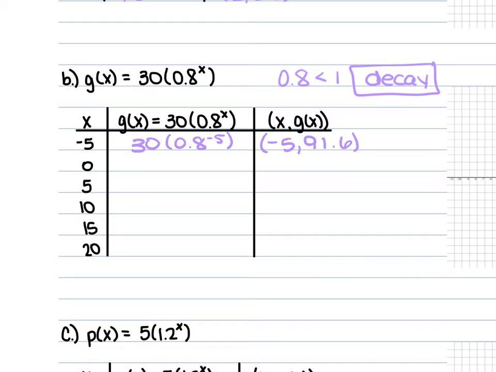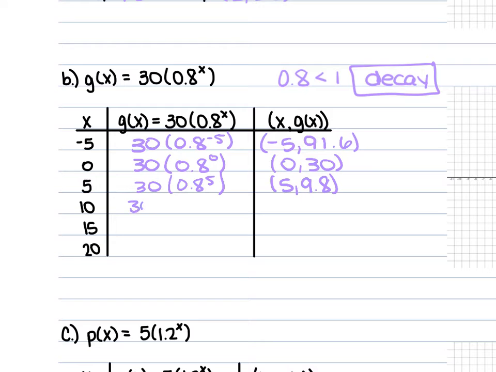For 0, we have 30 times 0.8 to the power of 0. So that's just 30 times 1, which is 30. So it's 0, 30. Then we have 5, so 30 times 0.8 to the 5th power. Now you can also do 0.8 to the 5th power, hit your enter button, and then multiply that by 30. That gives us 9.8. So that's 5, 9.8.